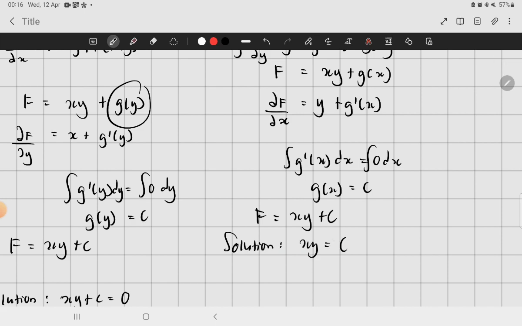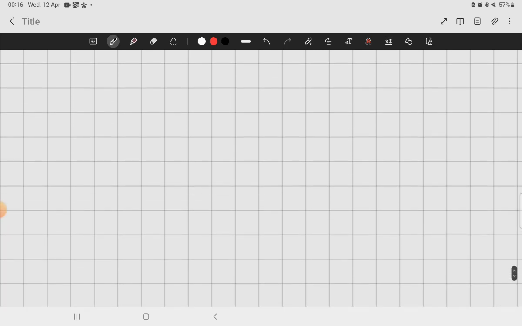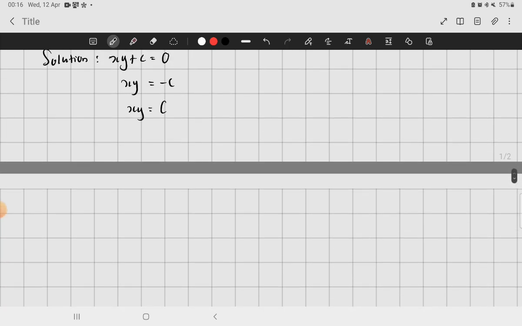Alright, I'm gonna skip a few steps for this part because it's the same thing. So basically, it doesn't matter which one you want to start integrating, as long as you just change the steps. Like if you integrate in respect of y, then you differentiate partially in respect of x, and vice versa. So that is very cool, a cool one.